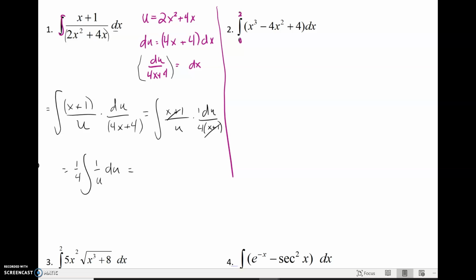And this is the whole purpose of u substitution. I start with a complicated function that I need to integrate, and I end up with an easy one, one that we know how to deal with. And then I do my back substitution, and I'll be done. u was 2x squared plus 4x.